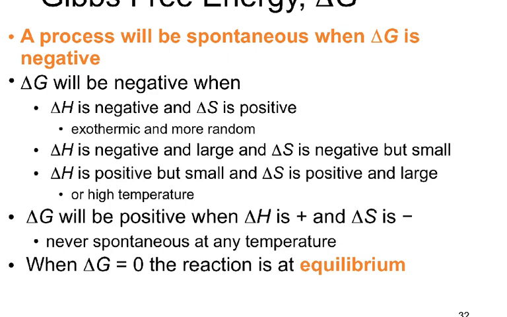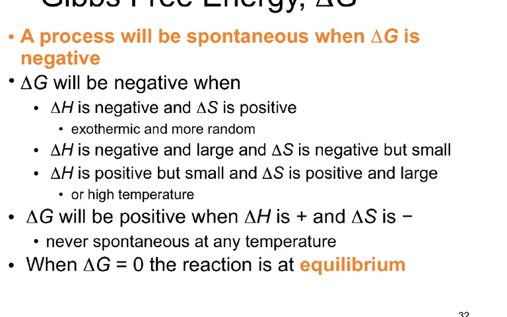There are several ways to combine delta H and delta S to get a negative delta G. If delta H is negative and delta S is positive, then they're working together. It's exothermic and more random, get a negative delta G. If delta H is negative, exothermic, and large, and delta S is also negative but small, then you get a negative delta G and a spontaneous process.